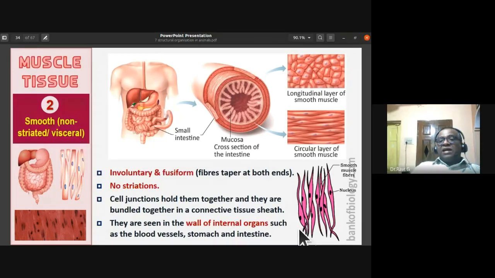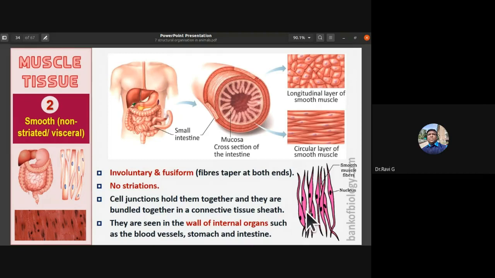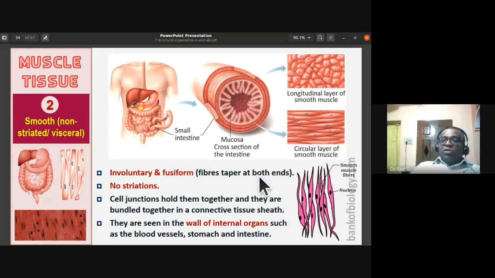In the stomach and intestine, the longitudinal layer of smooth muscle and the circular layer of smooth muscle are made up of smooth muscles. The cells are spindle shaped with tapering ends and a prominent nucleus, all bundled together in a connective tissue sheet.